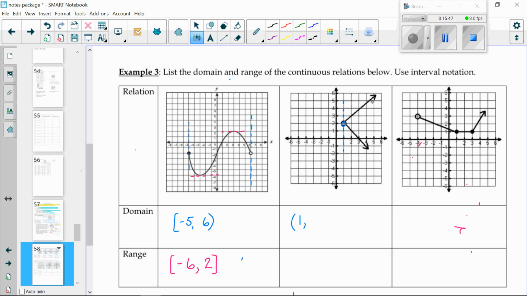Now, my graph is going to keep going in the positive infinity direction. Actually, let me write that a little better so we don't get confused with the next graph. So positive infinity going in that direction. So that means that it's going up to positive infinity, and we are not including the point. Okay? All right.